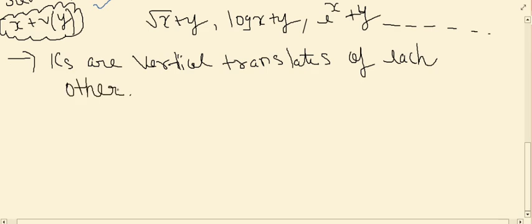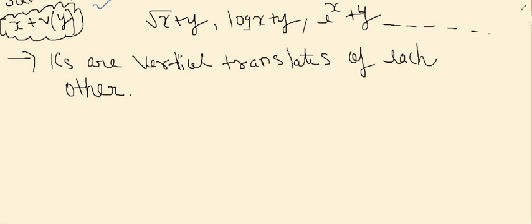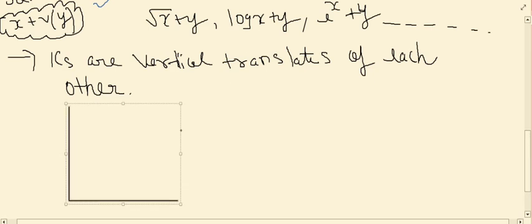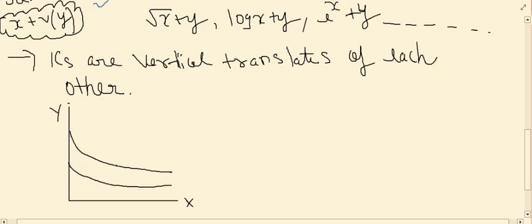Okay, this line you can also find in Varian in the paragraph about quasilinear utility and that figure. Now, what we mean by vertical translates is that let us draw normal ICs. We have two-good space, x here, y here. Now this is one IC, this is another IC.